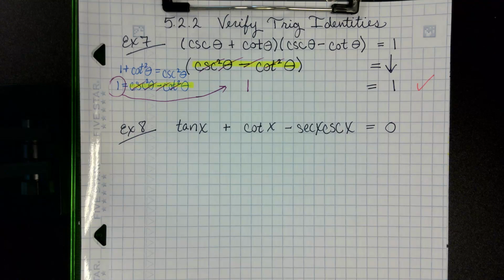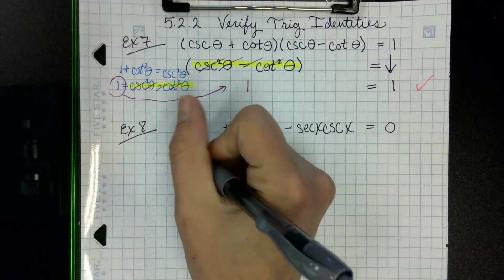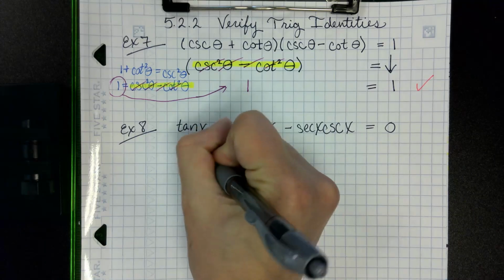Then the basic ones were the tangent quotient identities and the basic reciprocals. So I'll go ahead and use those and turn everything into a fraction. Make everything sines and cosines. So tangent is sine x over cosine x.